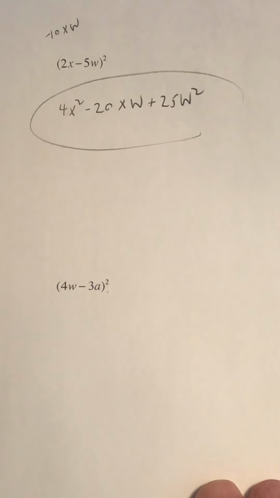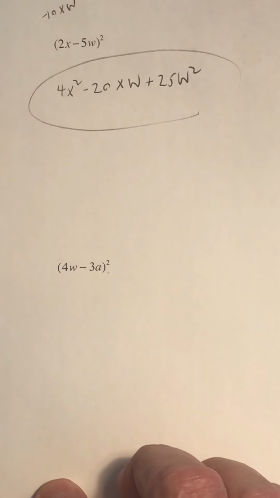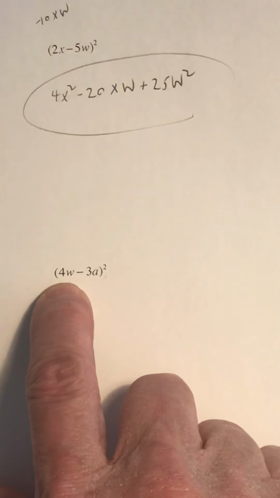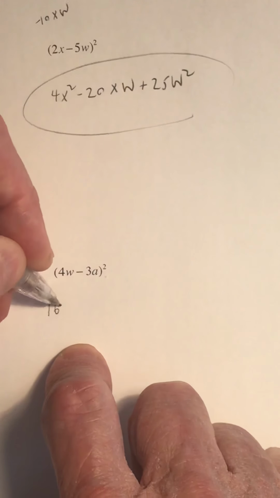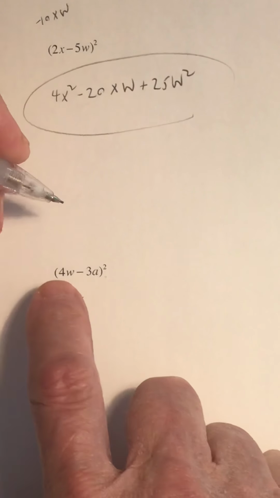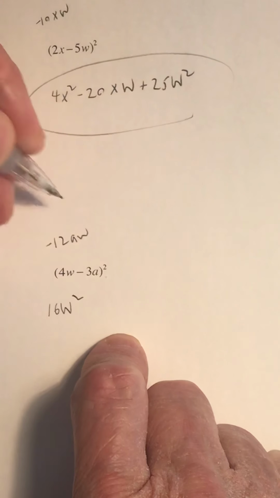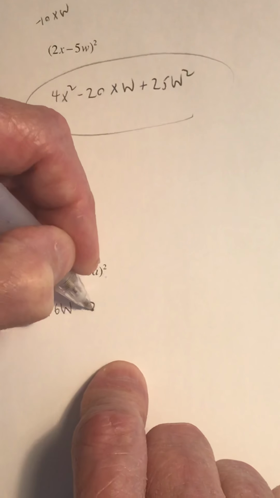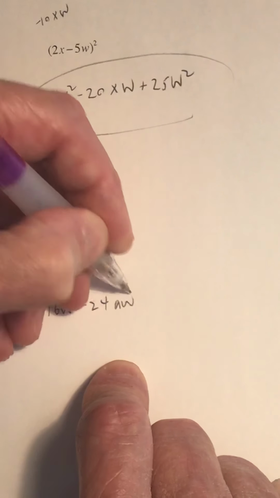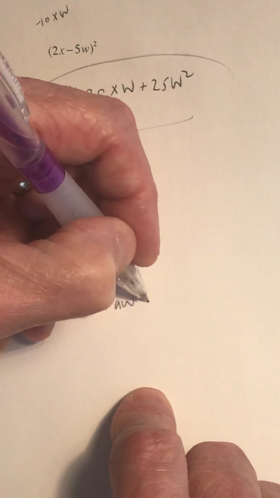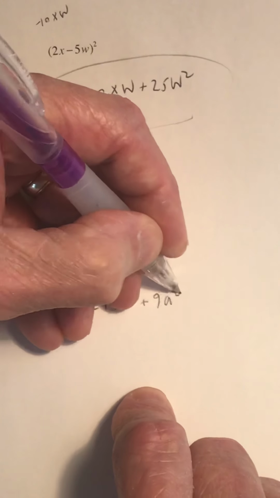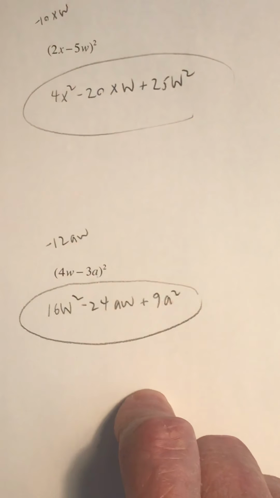Starting to look a little easier, I hope. And finally, square this, you get 16w squared. Multiply them together, you get minus 12aw. Double that, you get minus 24aw for the middle, and square that, you get 9a squared for the last term.